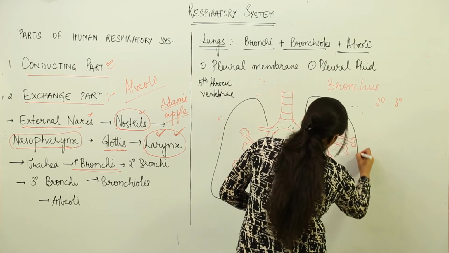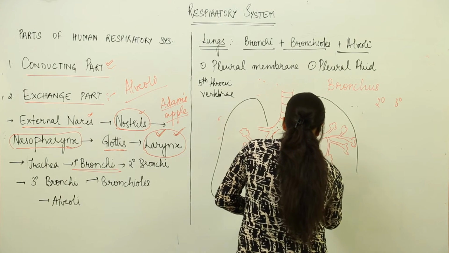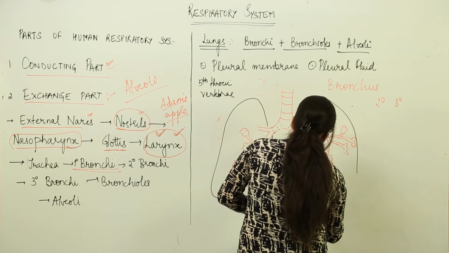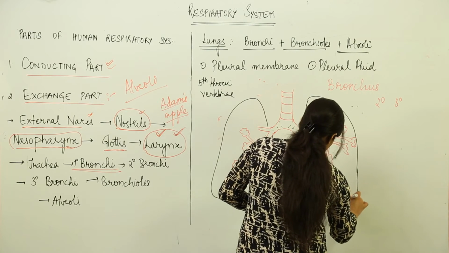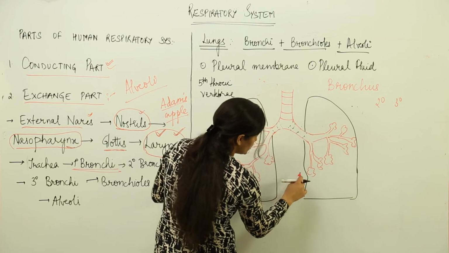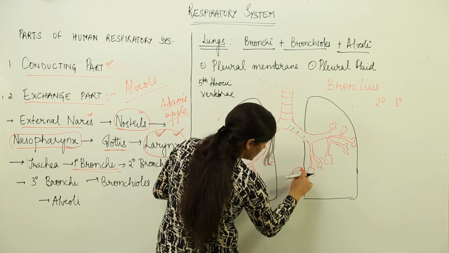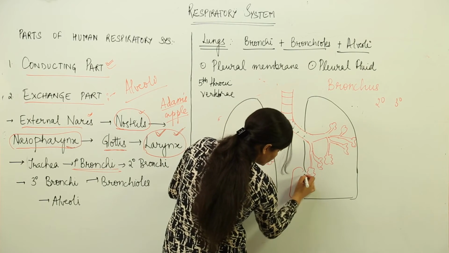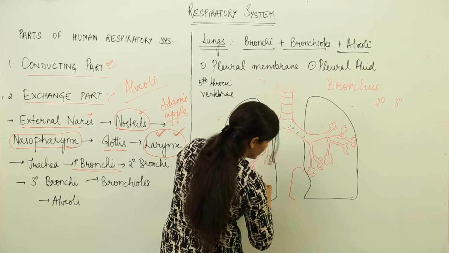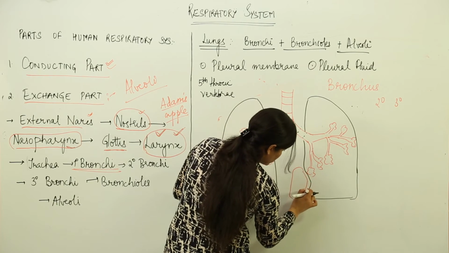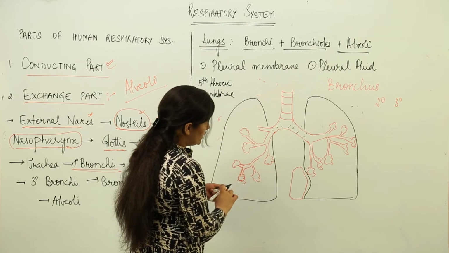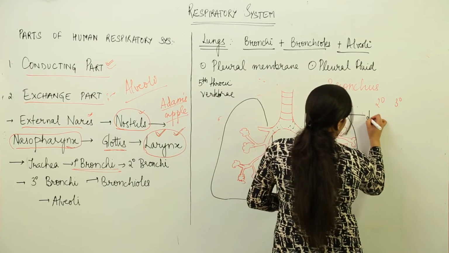One is the left lung, the other is the right lung. Because we have our heart somewhat towards the left, there is a cardiac notch present towards the left lung. This is the left lung.